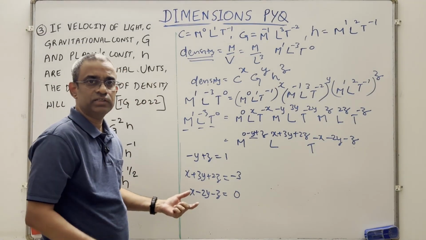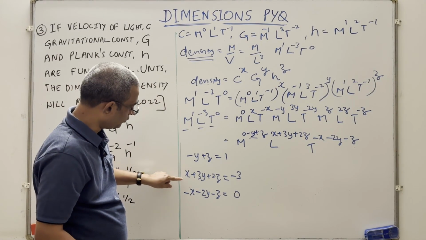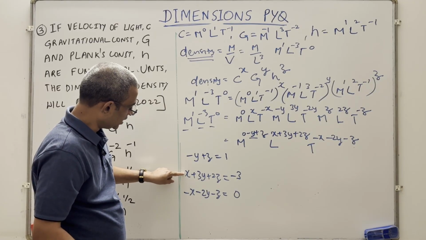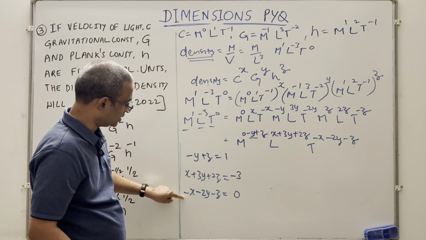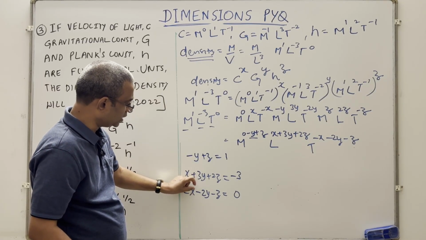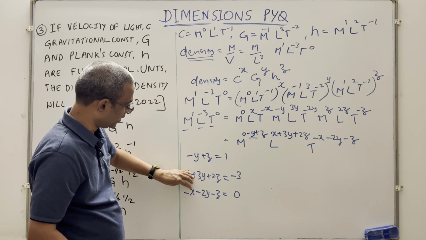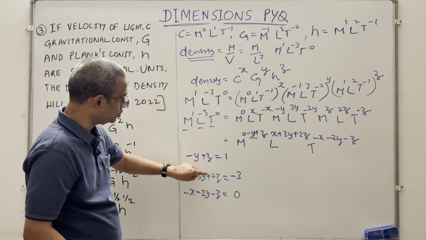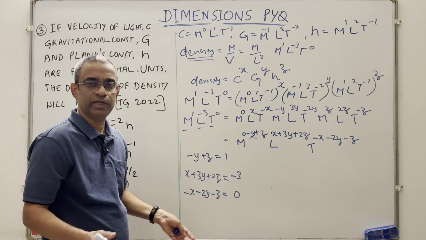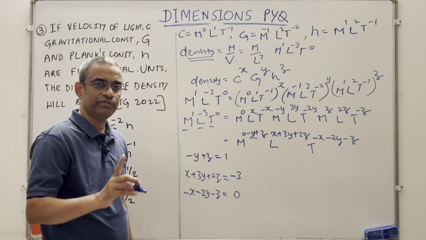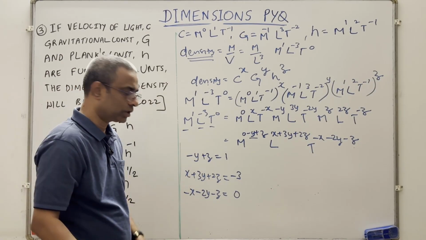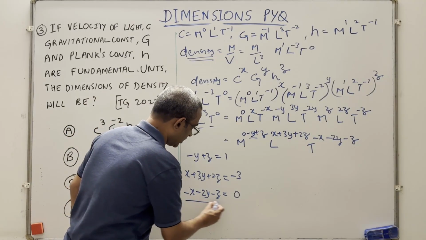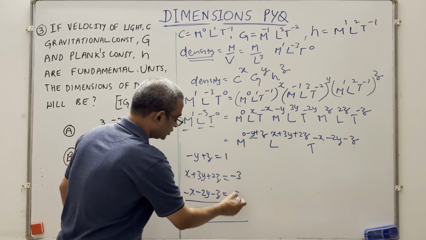Now from here it is algebraic manipulation. If you look at this second equation, there is a plus x and minus x. So if we can combine these two equations, we can eliminate x. Then we will be left with y and z. And from these two equations, we can somehow eliminate one variable and be left with one, and then we can work backwards. All right, let us add these two equations.